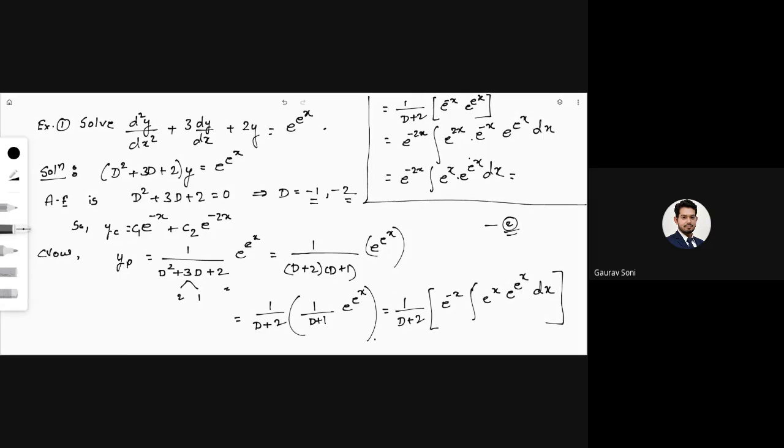Again do the substitution, put this term as t, and this e to the power x dx will become dt. Integration of e to the power t is e to the power t. So the final answer will be e to the power minus 2x, e to the power x. This is your yp.